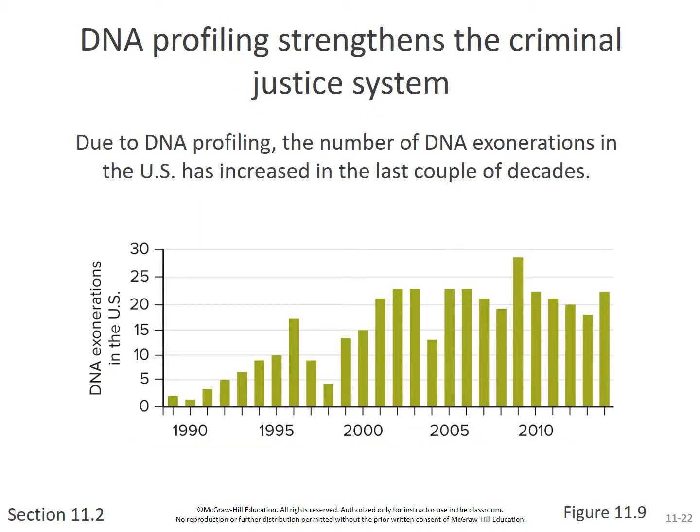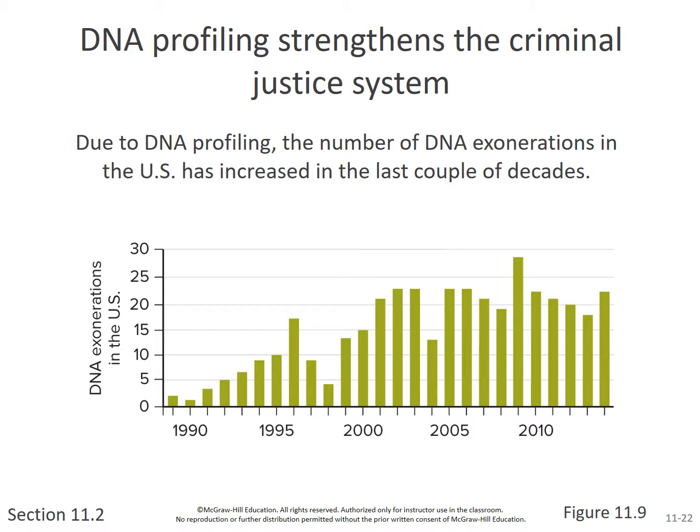DNA profiling has strengthened the criminal justice system over the years. Due to DNA profiling, the number of DNA exonerations in the U.S. has increased in the last couple decades. So exonerations are basically, there was DNA collected from the scene of the crime way back when, and now technology has gotten so much better that DNA can be tested against the suspect that might have been in jail for the last 2 decades.